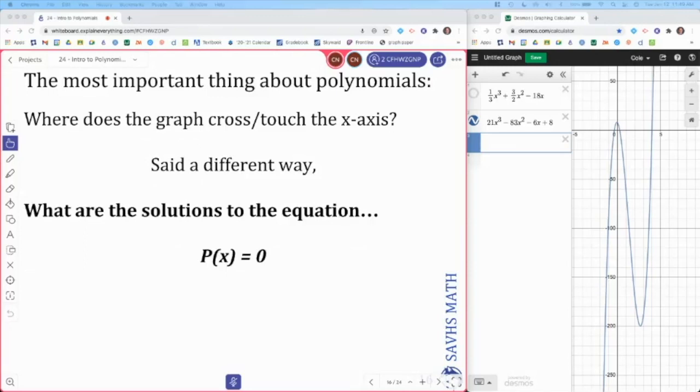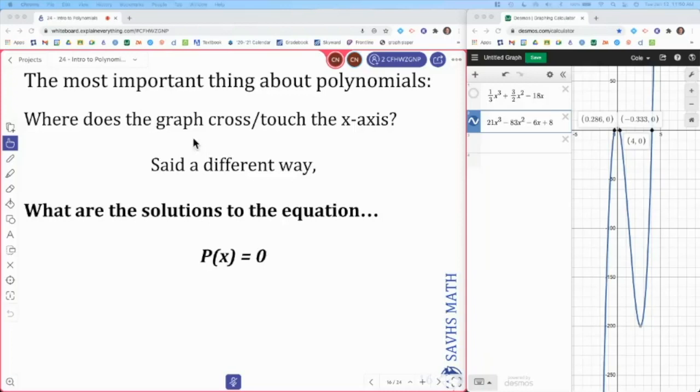And so that's like on the graph right here, like these spots. That's our big goal. And so that means that we have to solve these equations that say p of x equals 0. P of x is just any polynomial. So I'm going to start doing a little bit of that today because we actually have some of the skills that we need to do this.